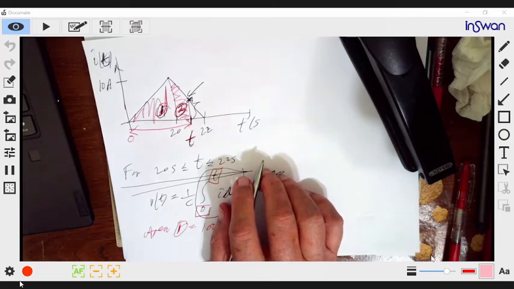What's its value? It would be negative. It would be negative t over 5.